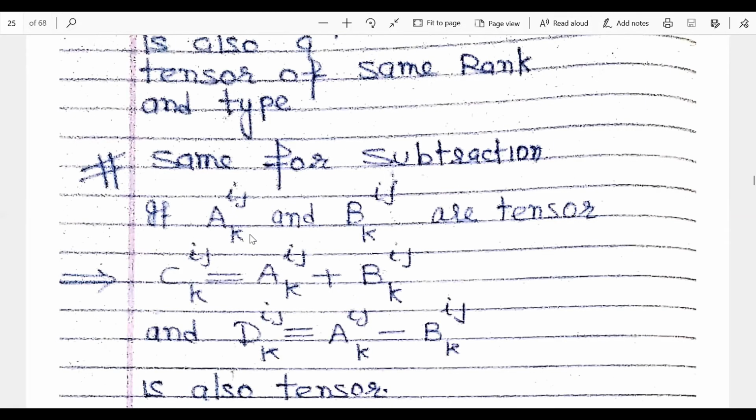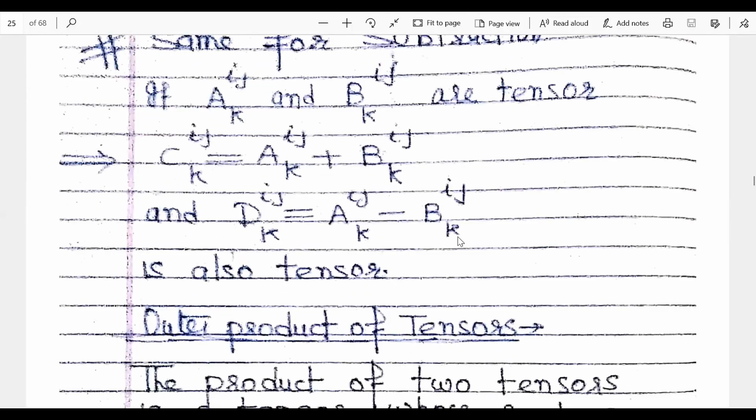Now if Aijk and Bijk are tensors of type 2, 1, with 2 contravariant indices and 1 covariant index, then the sum is again a tensor of type 2, 1. Similarly for subtraction, contravariant 2, covariant 1, so it is again a tensor.